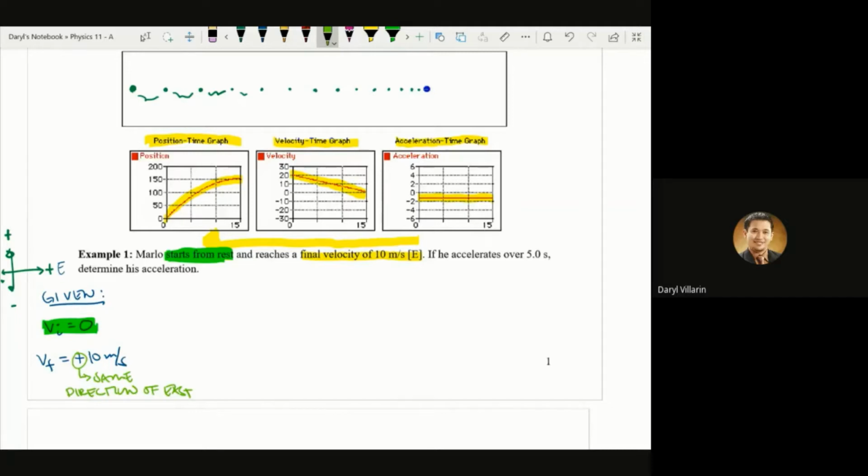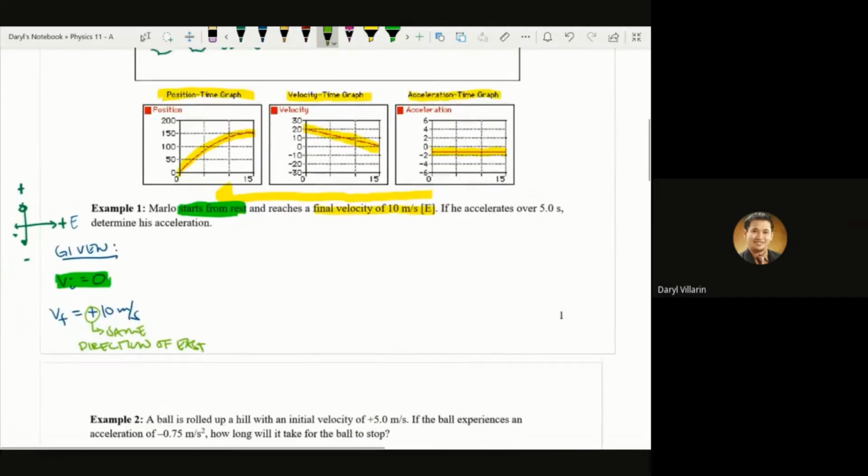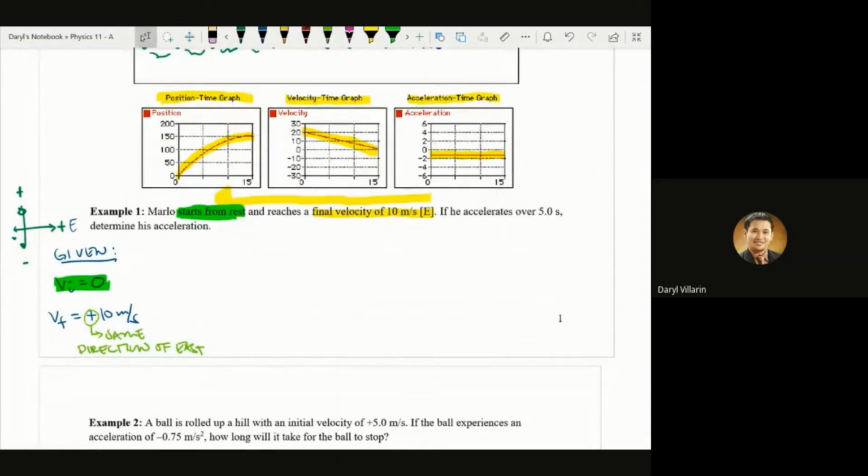And for the time being, we'll just be dealing with one-dimensional motion, so it's much easier because you will not have to deal with north and east or something like that. It's just east or west or vice versa. So it's much easier to just indicate that, okay?